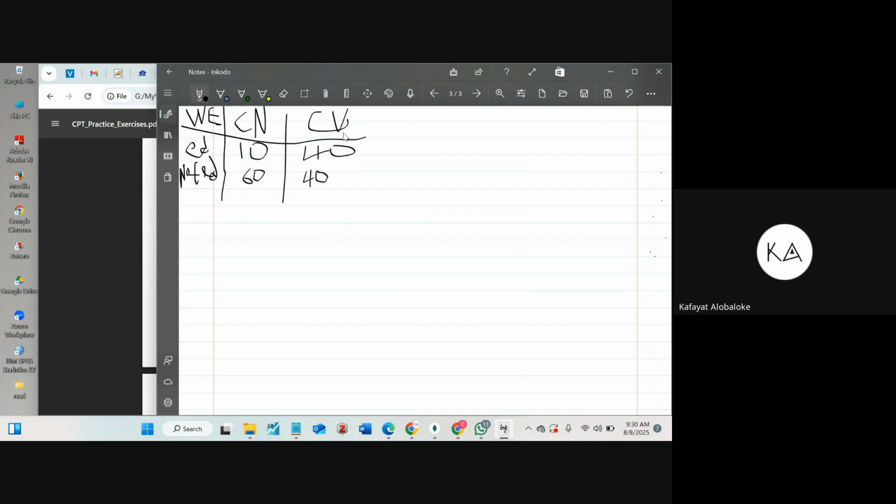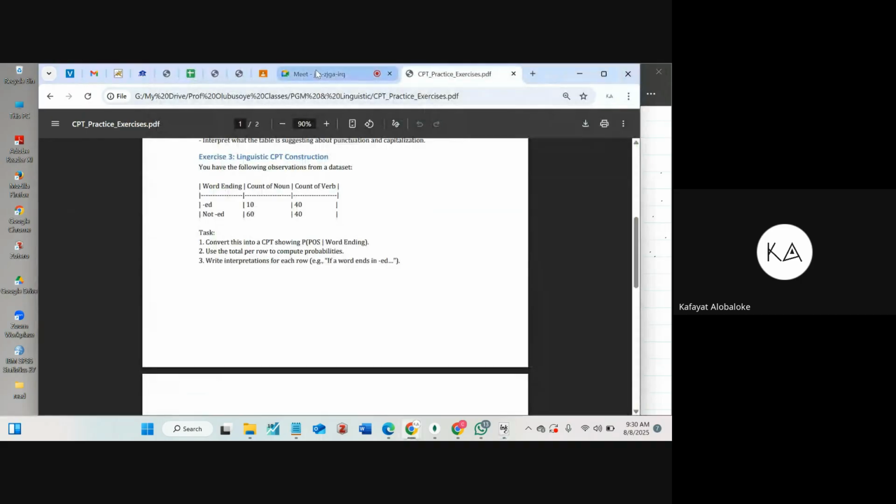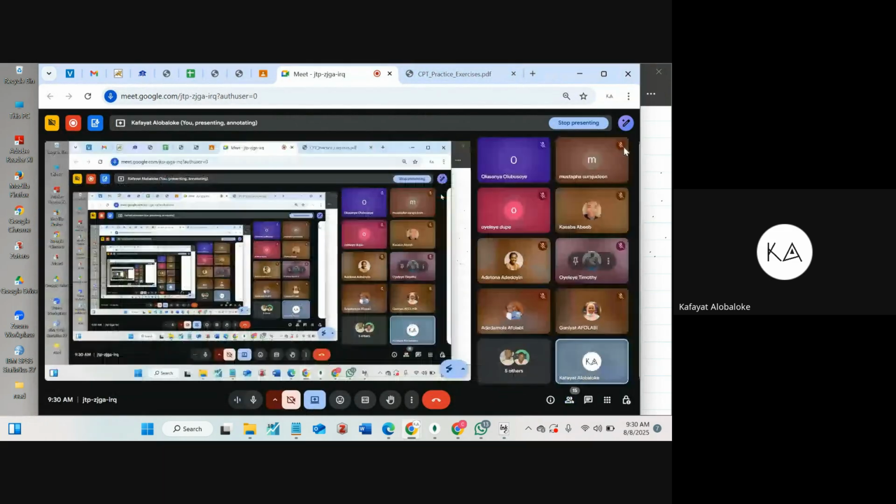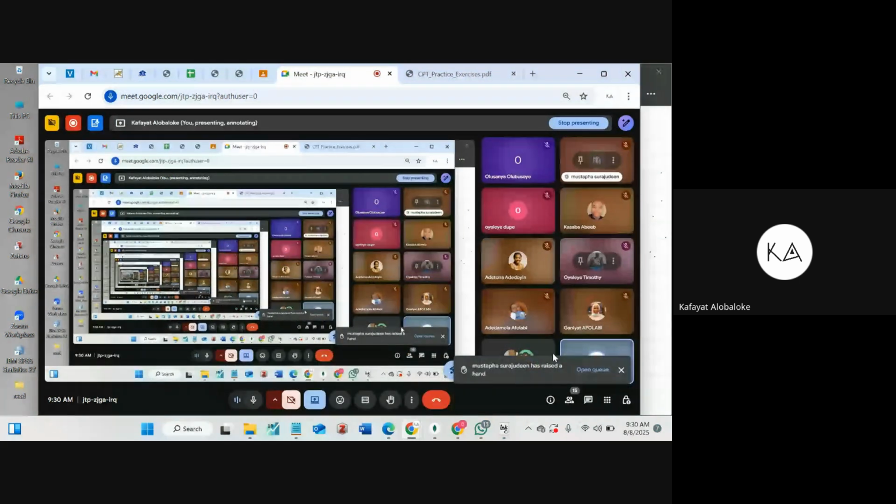Now, obviously, this is not a conditional probability table. Who can tell us why this is not a conditional probability table? Who wants to try? Okay, Mustafa, go ahead.